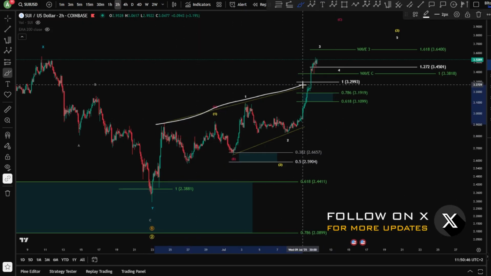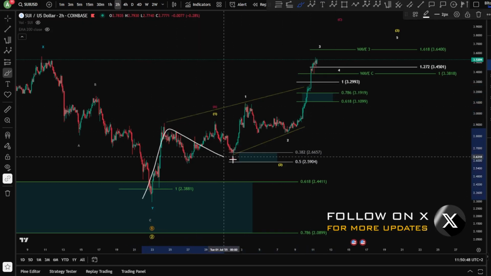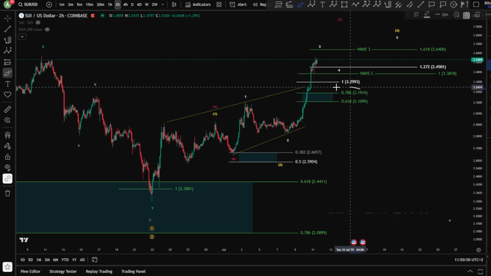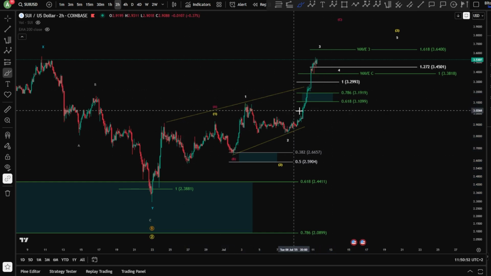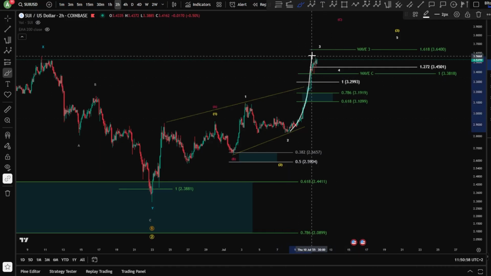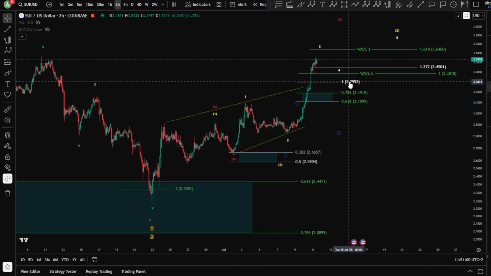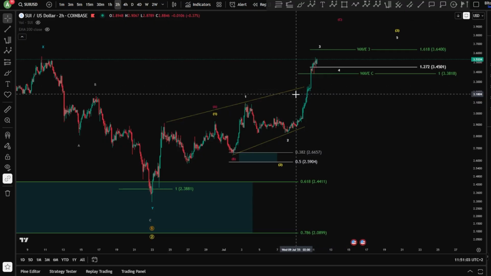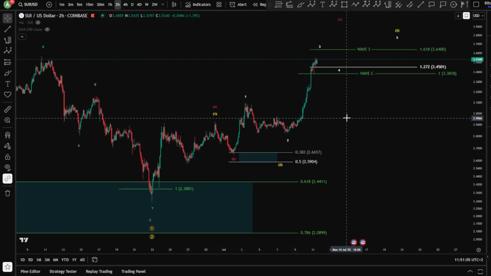Also, for this diagonal here, where you have 1, 2, 3, 4, and a 5, we were looking for a diagonal wave for wave 5. Obviously, we broke those perfect fib levels. We broke the 1-to-1 fib level, meaning this is a wave 3 as an indication. So we can remove this possibility.